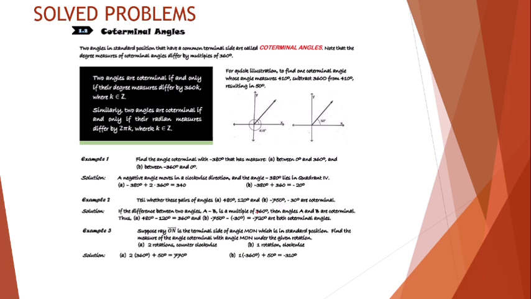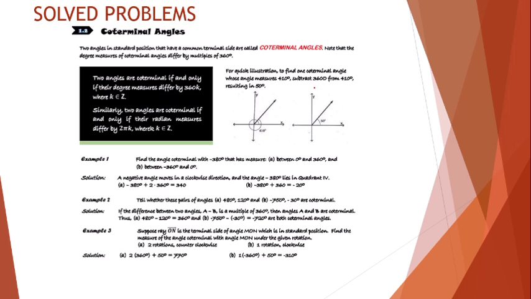Example 3. Suppose ray ON is the terminal side of the angle MON, which is in standard position. Find the measures of angles coterminal with angle MON under the given notation: two rotations counterclockwise and one rotation clockwise. Ito yung given natin.